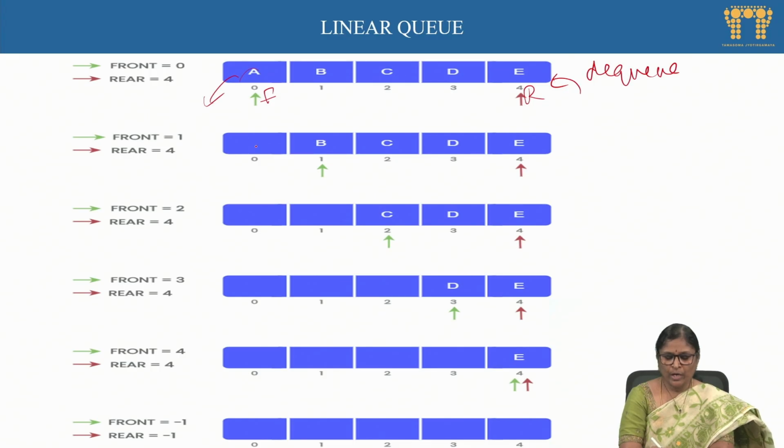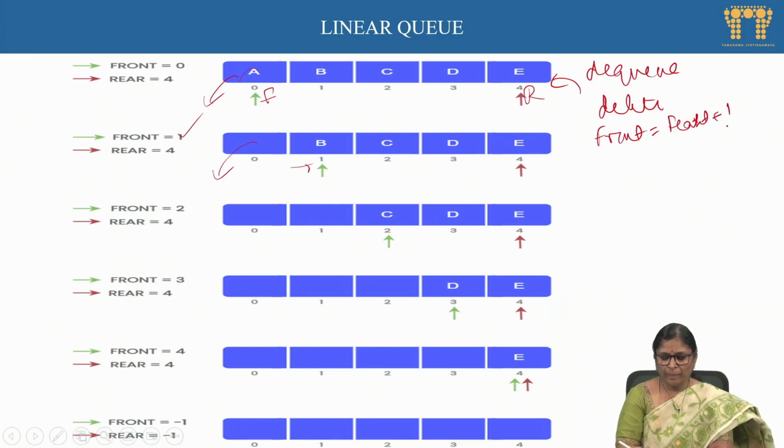So you delete the element and increment your front, so F is equal to 1. First delete and then increment your front: front equals front plus 1. Similarly perform dequeue again and again.